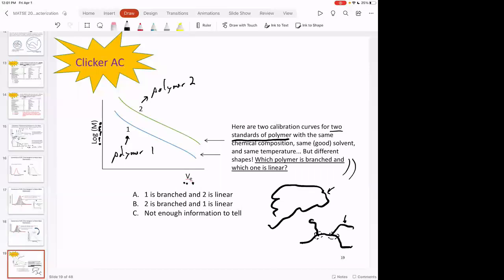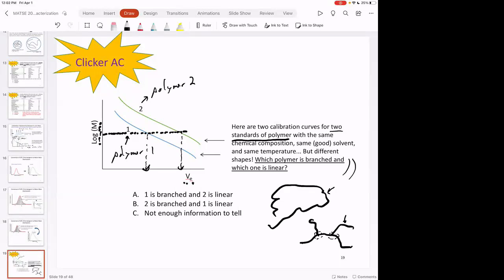So the way to handle this, or at least the way I might handle this, is say, okay, they're the same molecular weight and the same composition. Which polymer comes out first in my elution volume? One comes out first.